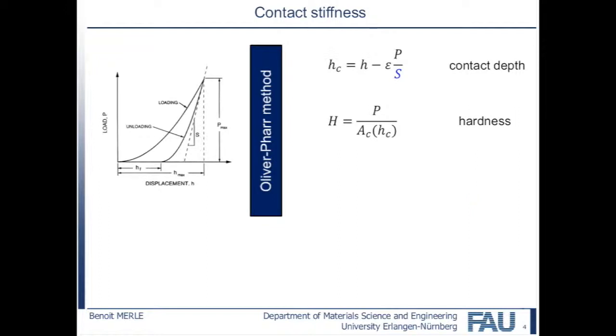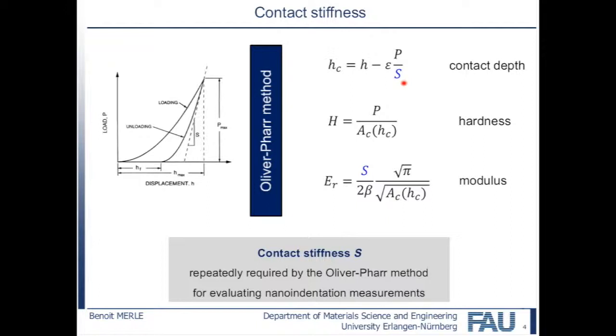Indeed, it is present in almost every equation of importance. If you want to calculate, for instance, the contact depth, hc, you need the stiffness, S. If you want to calculate the hardness, you also need it, through the contact depth. And lastly, you would need it to calculate the Young's modulus, well, the reduced modulus, Er.